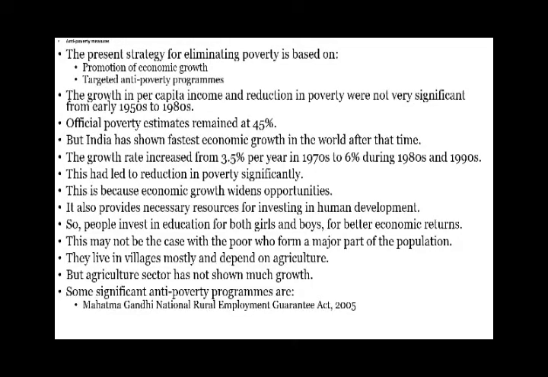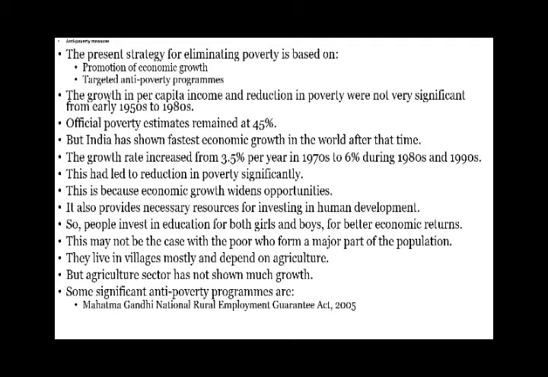Anti-poverty measures. The present strategy for eliminating poverty is based on the promotion of economic growth and targeted anti-poverty programs. The growth in per capita income and reduction in poverty were not very significant from the early 1950s to the 1980s.